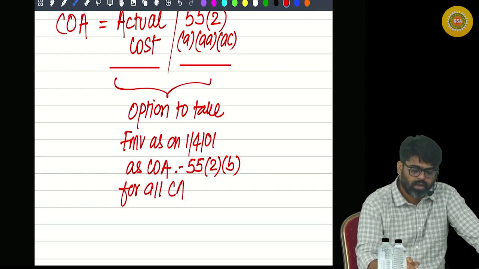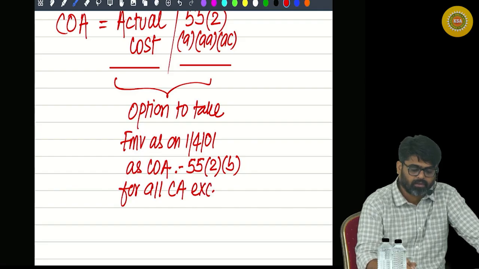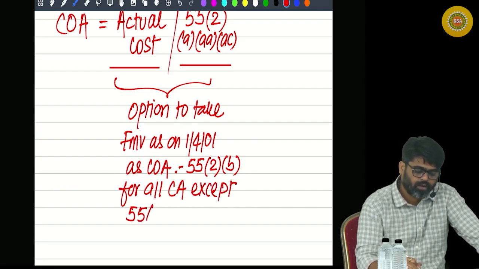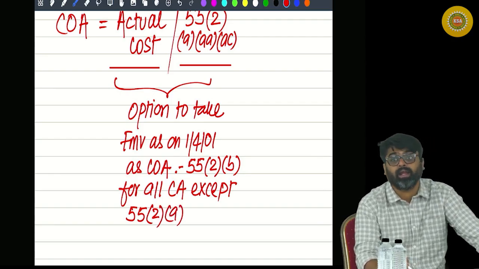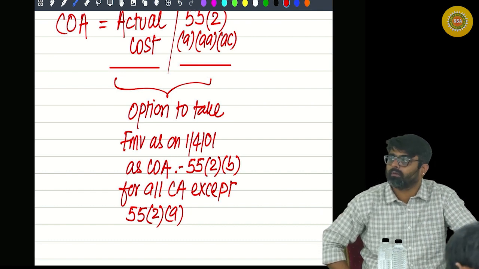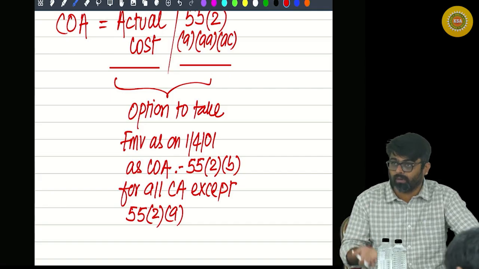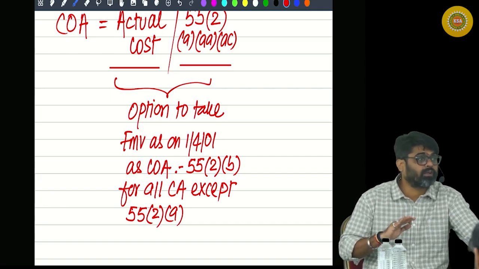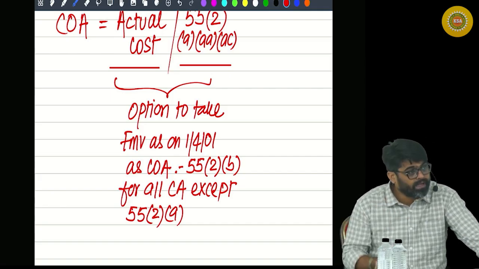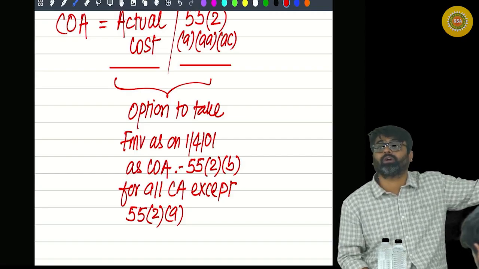55(2)(b) applies for all capital assets except 55(2)(a), meaning intangibles. Meaning for all capital assets you are going to get this option. Whether the capital asset is covered by 55(2)(aa), whether it is covered by 55(2)(ac), whether it is any other capital asset, yes or no?